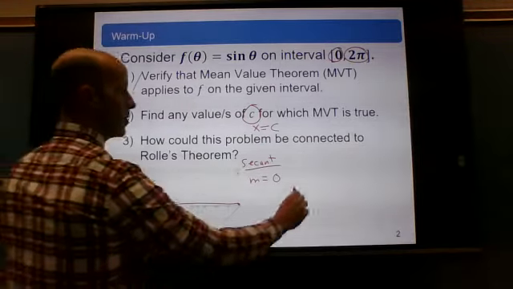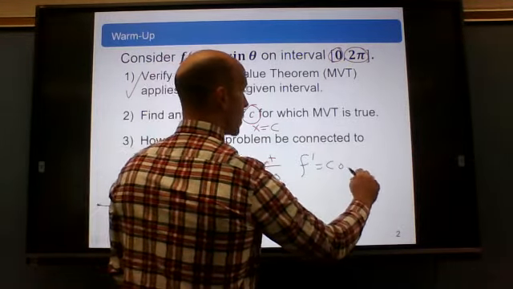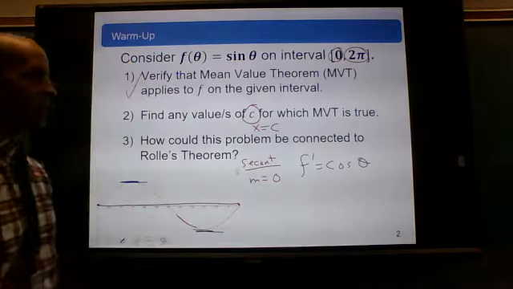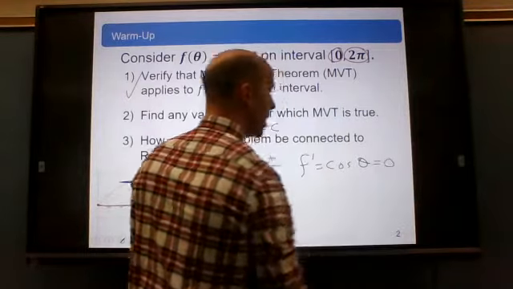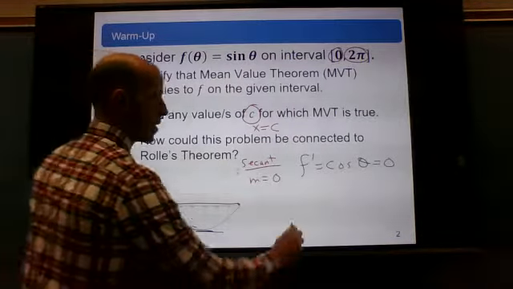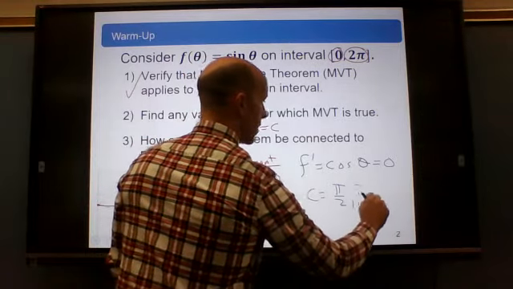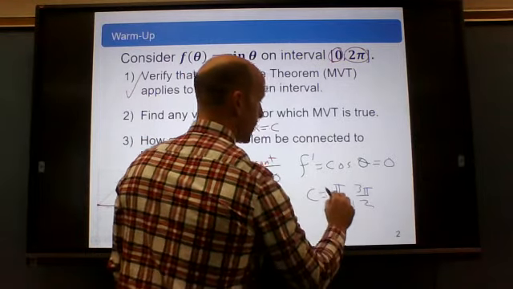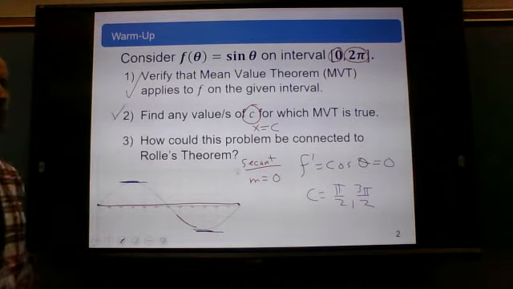Or if we want to use the derivative, f prime of sine would be the cosine function. Then ask yourself, when is the cosine function equal to 0? The cosine function is equal to 0 when c is equal to pi over 2 and 3 pi over 2. So those are the two c values for which the mean value theorem would be true.